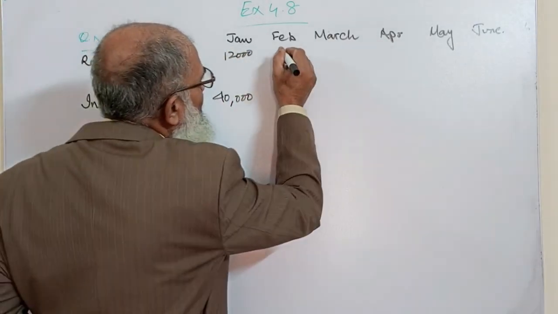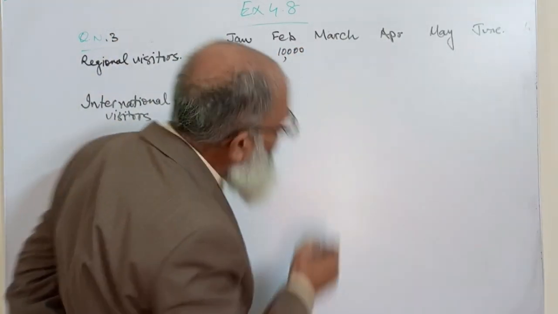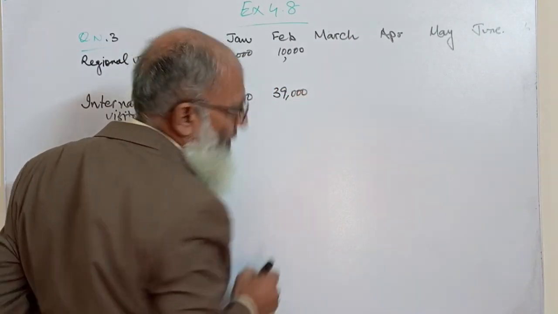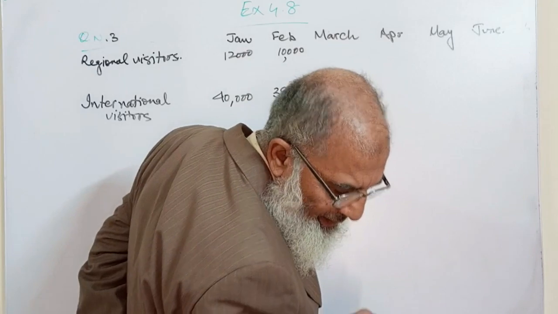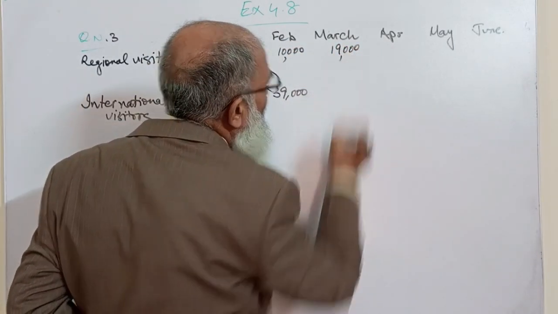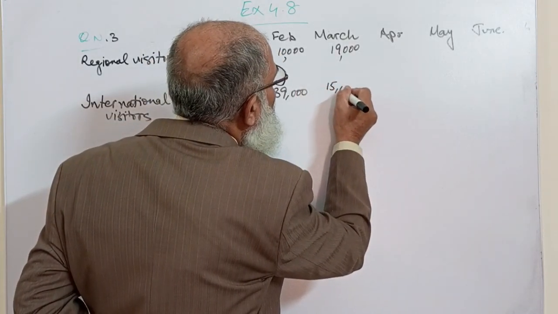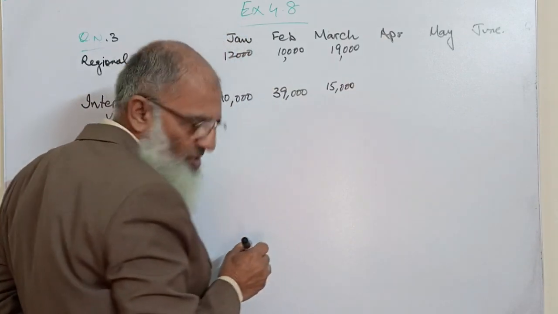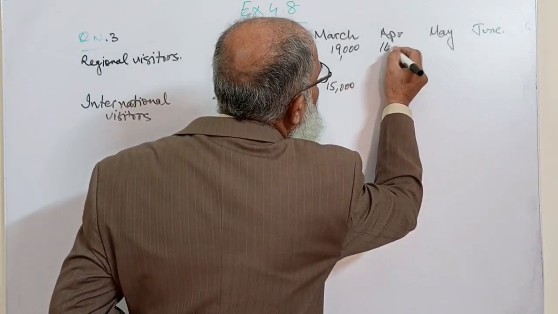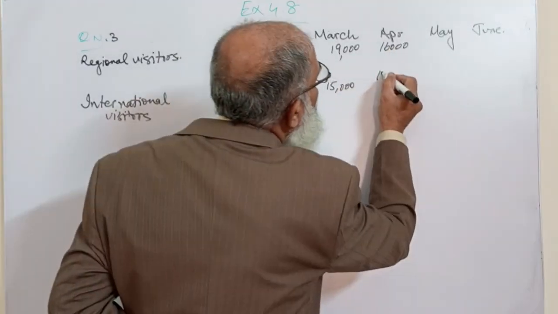In February, 10,000 local visitors and 39,000 international. In March, 19,000 and 15,000 international. In April, 16,000 and 12,000 international.